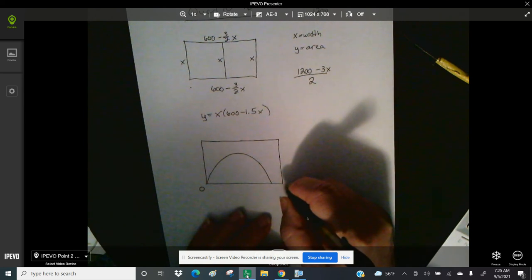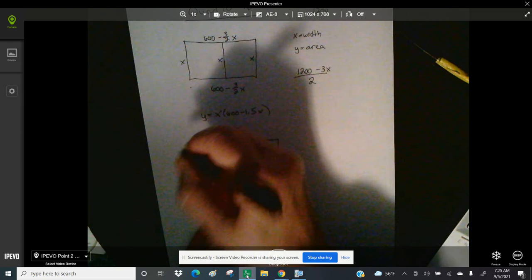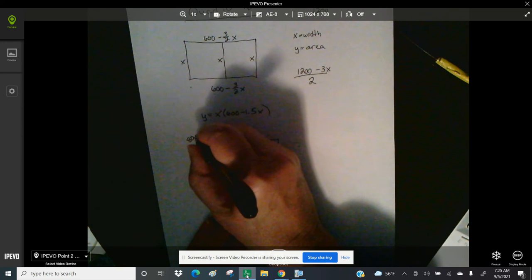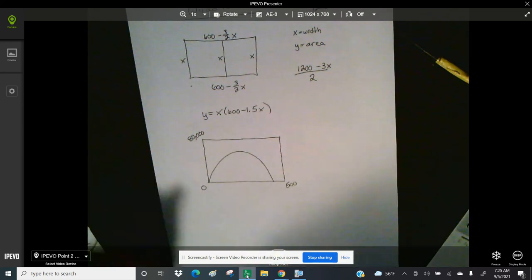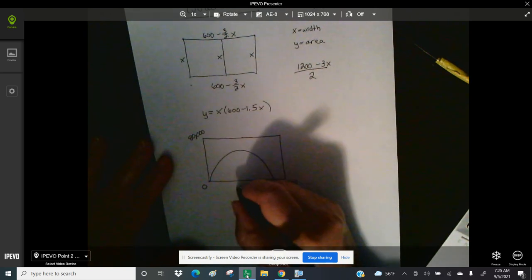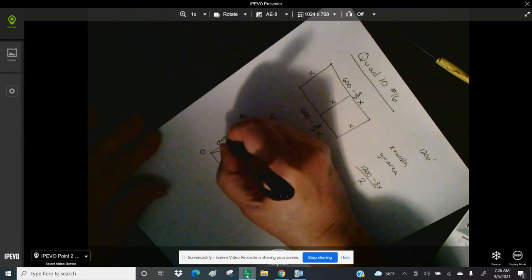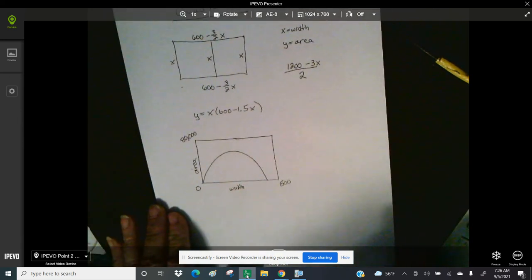On this axis, I think I went to 500. And here I went to 80,000. And again, it's a word problem, so I want to make sure I label my graph. So my x's were width, and my y's were area. There, so now I have a nice little graph.